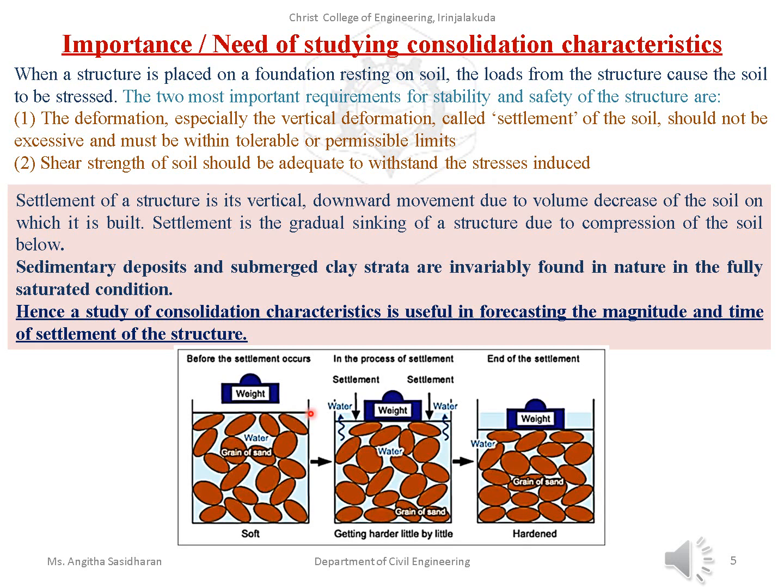It is in a very good condition. After placing the weight over the soil mass, what happens? You can see the water is getting expelled out of it. The volume is decreasing and the soil mass is going down. The volume is decreasing and settlement is happening.